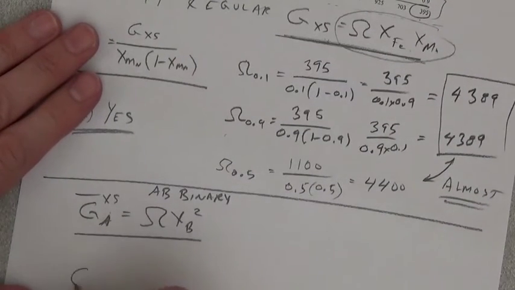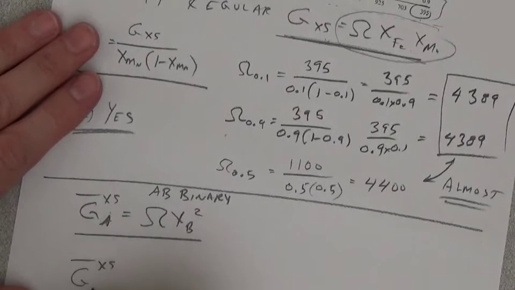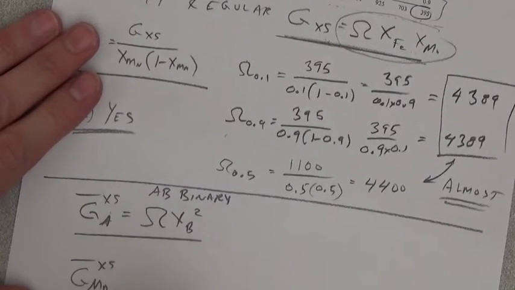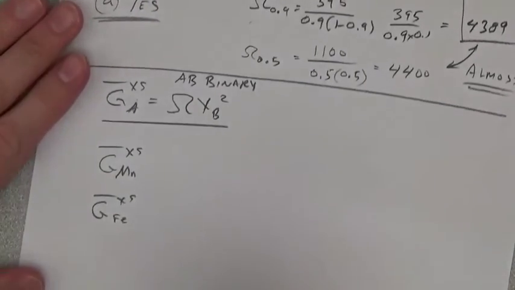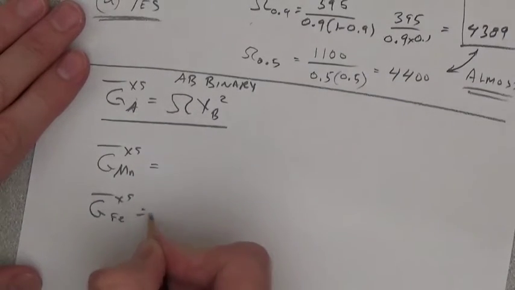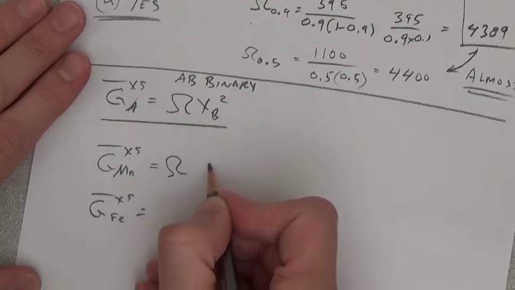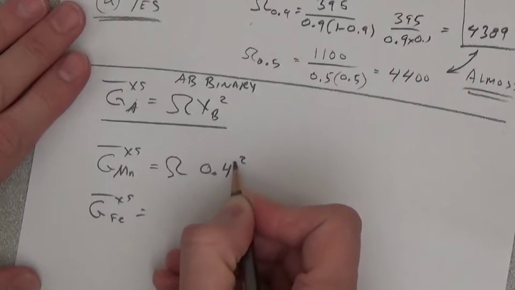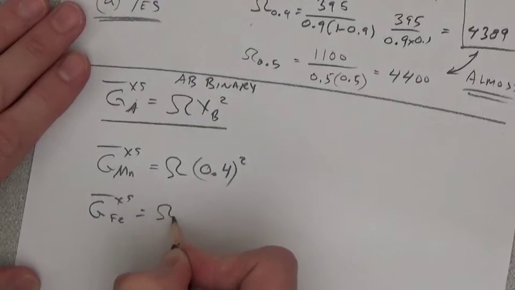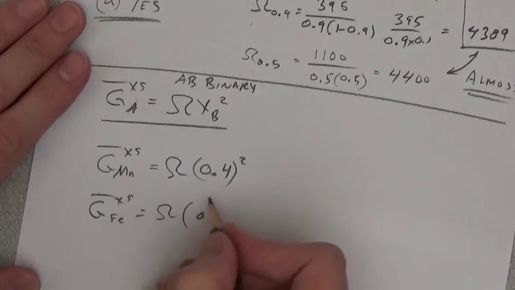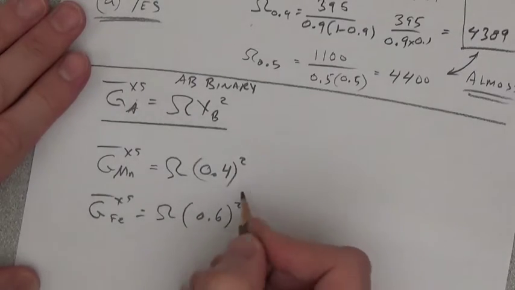Which means that G bar XS Mn and G bar XS Fe are equal to omega times 0.4 squared and omega times 0.6 squared.